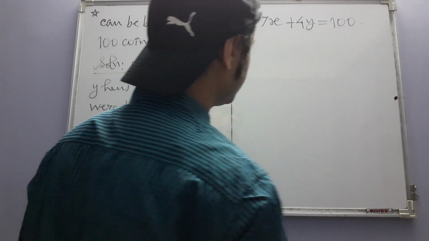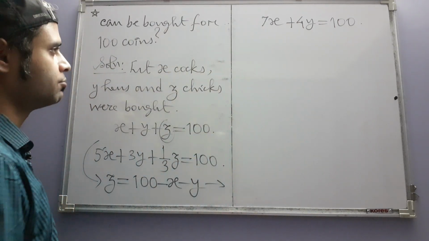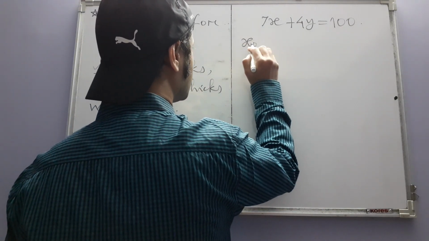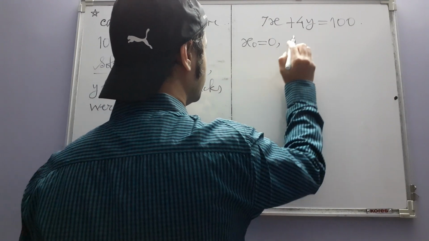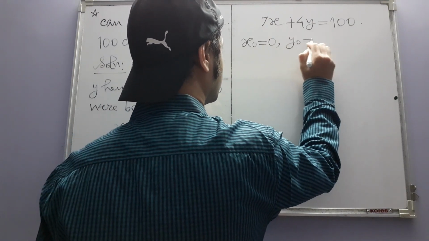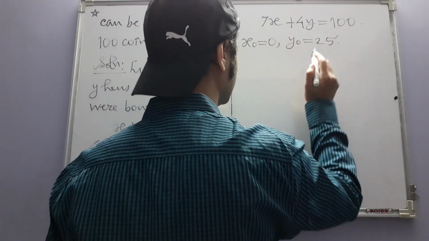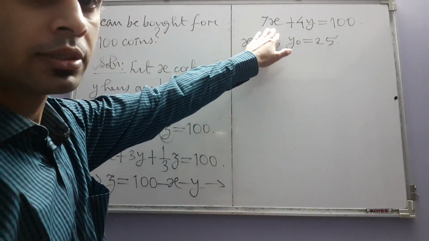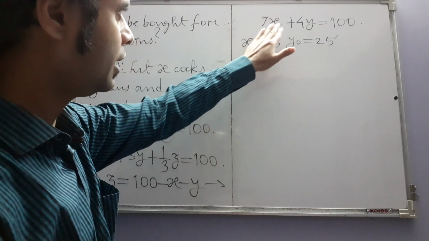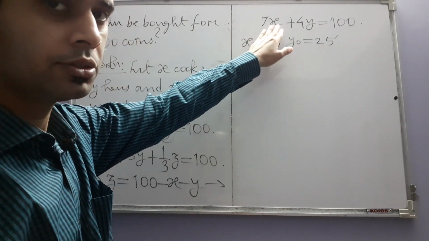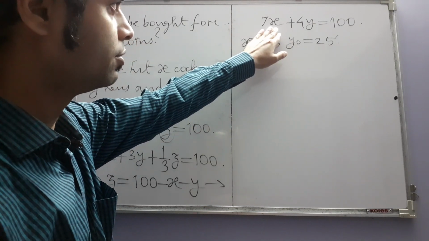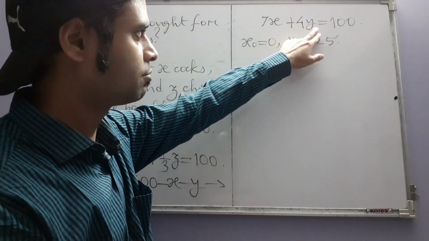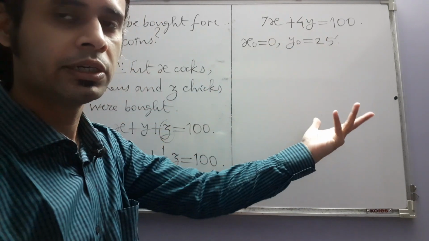And as a particular solution to this Diophantine equation, the author has used x naught equal to 0 and y naught equal to 25, which is very easy. 7 creates a problem, so eliminate 7 altogether by choosing x equal to 0. And because we have this option, if we take y equal to 25, then we are already getting 100.